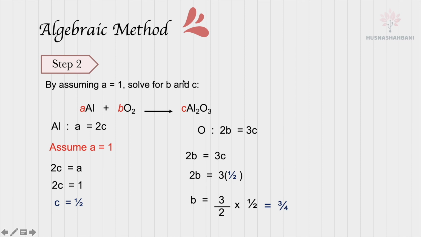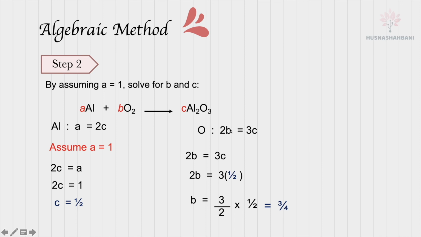We can solve B and C. We know that A equal to C because 1 Al here, 2 Al there, so that's why A equal to C. When you assume A equal to 1, C equal to half.